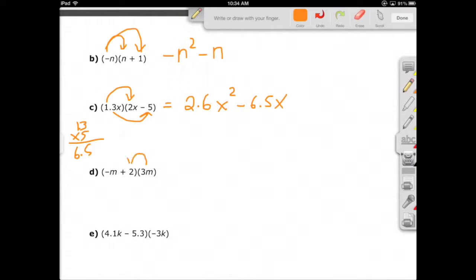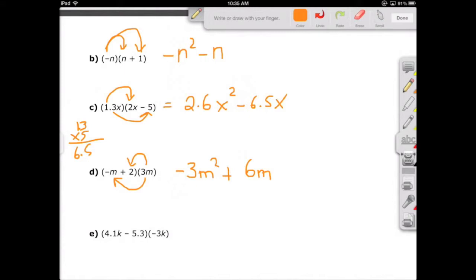Doesn't matter what order you multiply in. You can multiply forward and backwards. So I like to multiply the monomial through. So I'll just go in the opposite direction. This time I'll go to the right. Negative 3m squared plus 6m. Now, I'm going to show you something neat here and just stop and make this point. As long as you have the value of the coefficient, positive or negative, correct, you can reorder this thing.